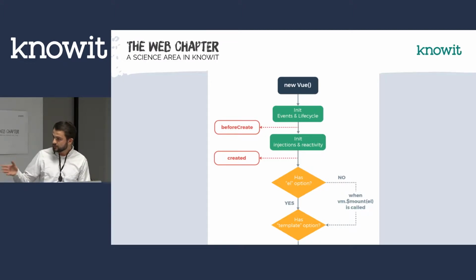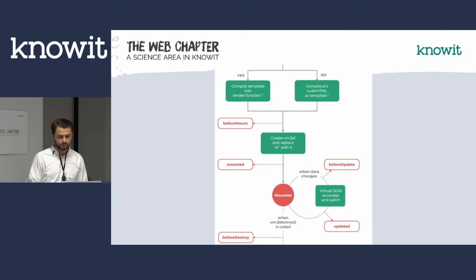Then if it has an el option, it goes to the template option and compiles the template if you have any, or it just uses the element's outerHTML as a template. And then it makes a vm.$el, which you can use to manipulate the element if you need it.